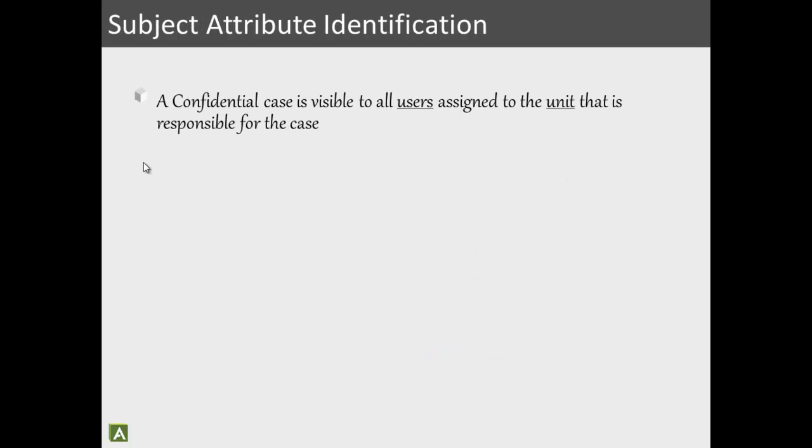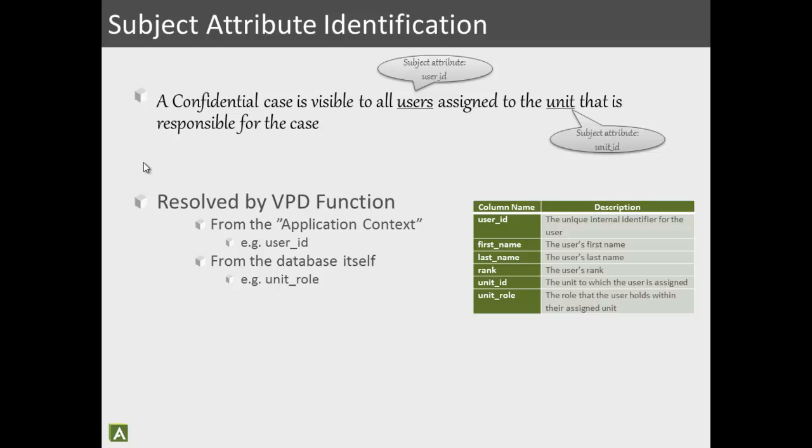Let's now focus on subject attributes. We declare that a confidential case is visible to all users assigned to the unit that is responsible for the case. We will be using the user ID subject attribute and the unit ID of the subject. We will read this through the virtual private database function and the ability to read the application context.